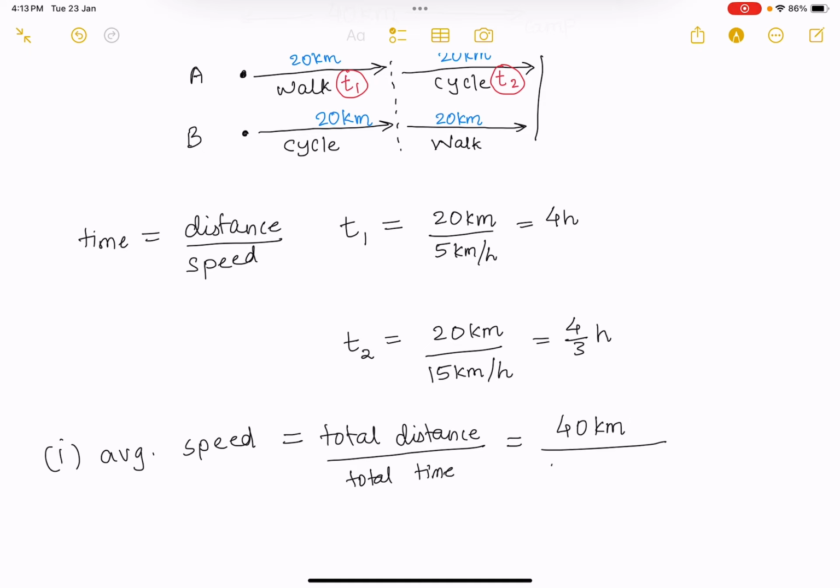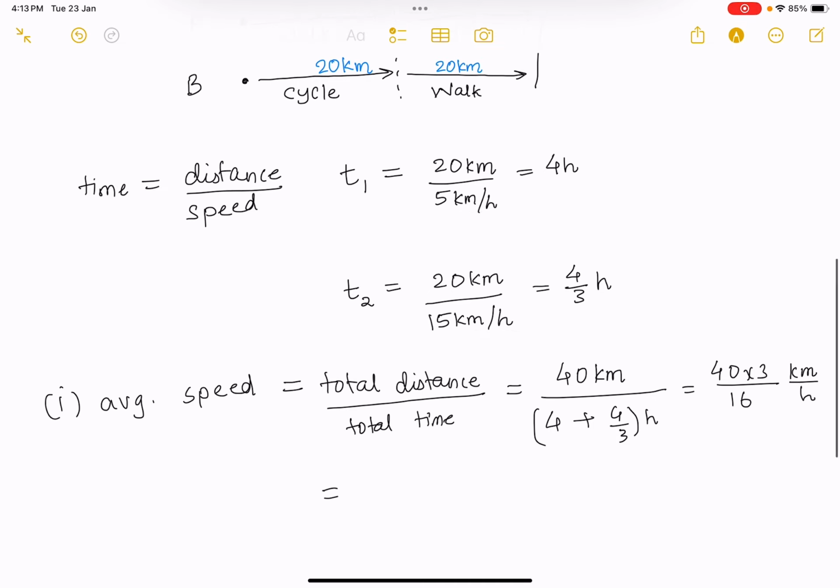The total time taken is 4 plus 4 by 3 hours. That will be 40 into 3 divided by 16 kilometers per hour. That will just give me 15 by 2 kilometers per hour. Okay, that's the first part.